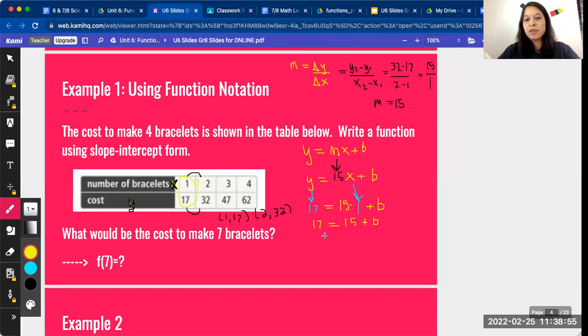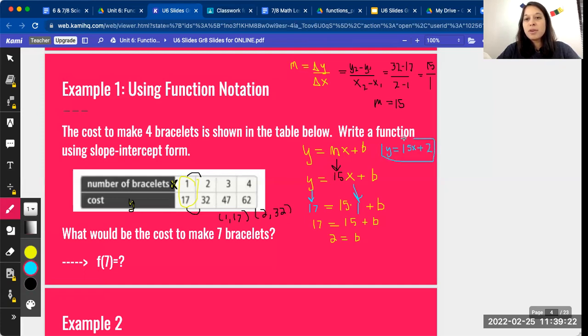I could show the subtraction, but I can look at this and go 15 plus some number equals 17. That means it has to be 2. So my equation in slope-intercept form is y equals 15x, that's my slope, and then my y-intercept is plus 2.